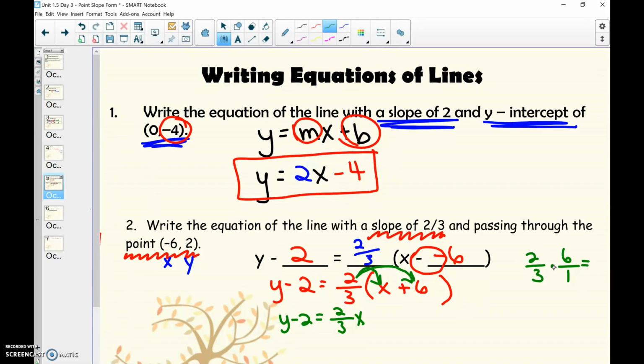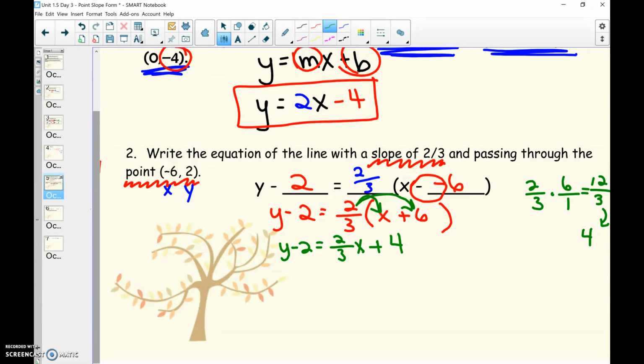So 2 times 6 is 12. 3 times 1 is 3. If I divide that, 12 divided by 3 equals 4. So that actually means that 2/3 times 6 is the same thing as +4. And I do need to put that plus sign there. Otherwise, if I leave nothing there, it's really like I'm multiplying 4 to everything, and I don't want to do that.